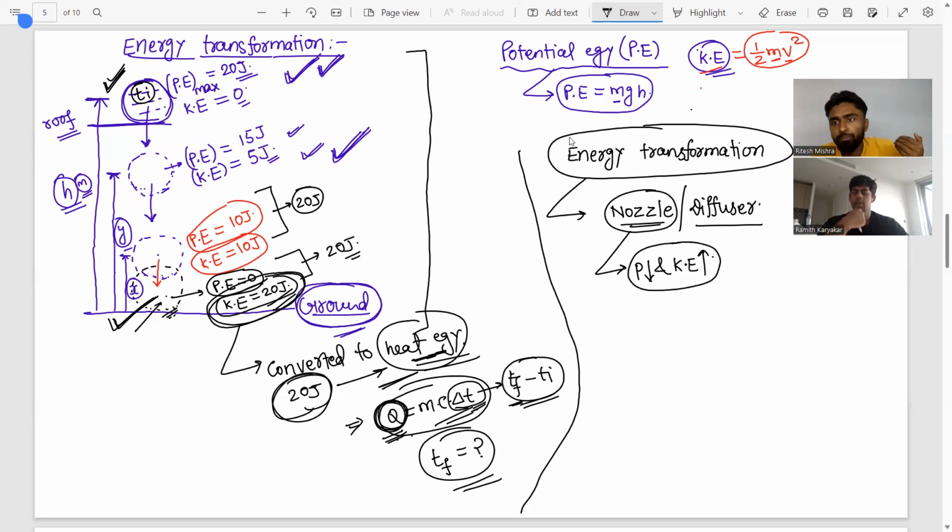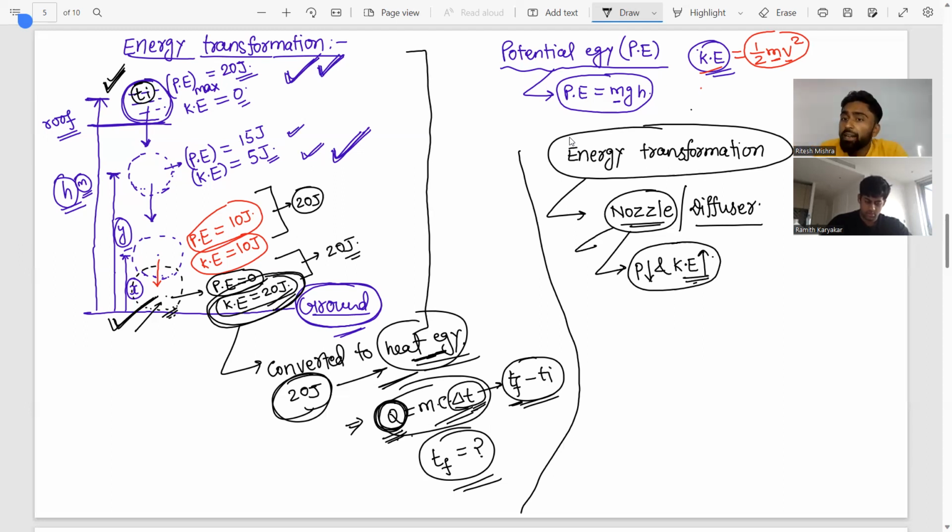The function of a nozzle is to increase the velocity at the expense of pressure energy. Pressure will decrease and velocity will increase.